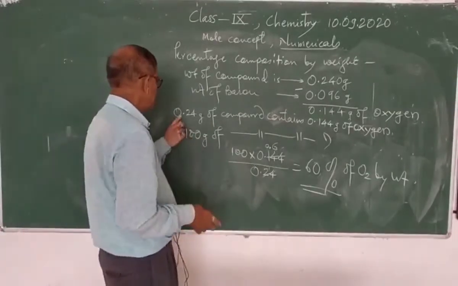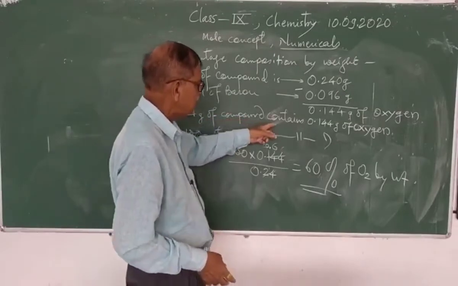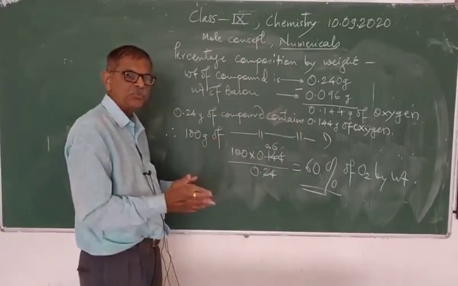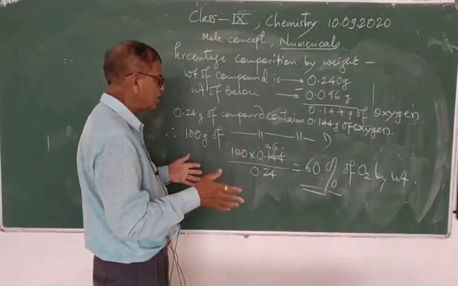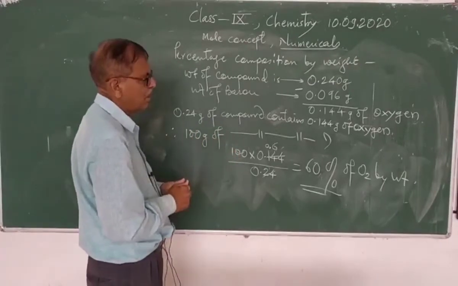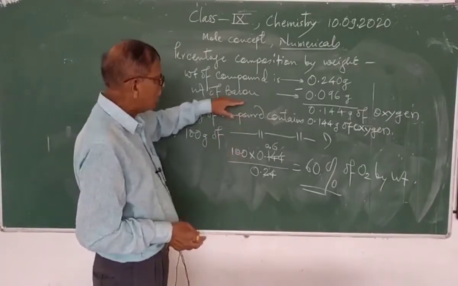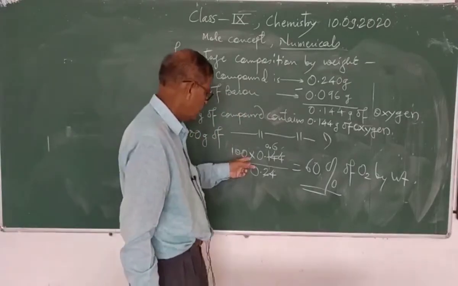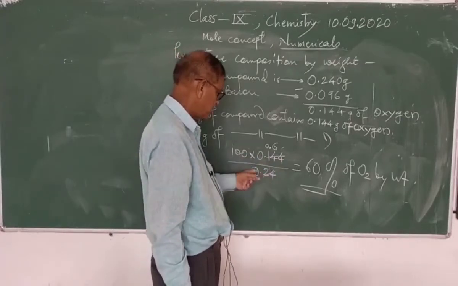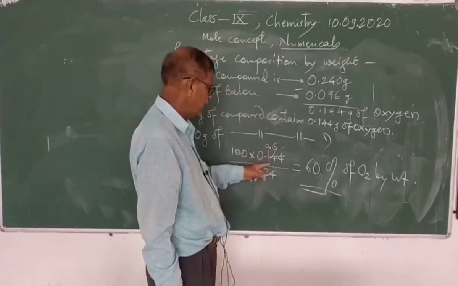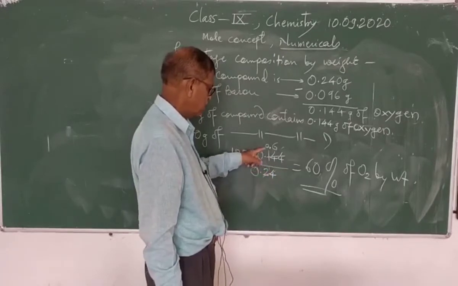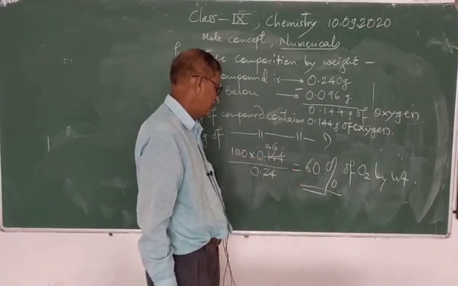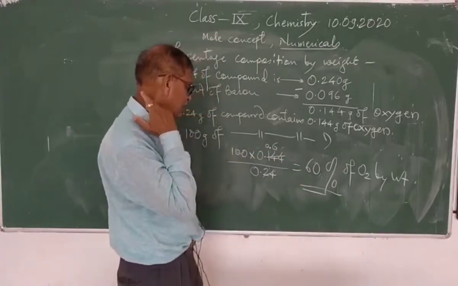0.24 gram of compound contains 0.144 gram of oxygen. Percentage composition means how much oxygen is present in 100 gram of the compound, and how many grams of boron are present in 100 gram of the compound. So 100 multiplied by 0.144 divided by 0.24 is 0.6 multiplied by 100, which is 60% of oxygen by weight.